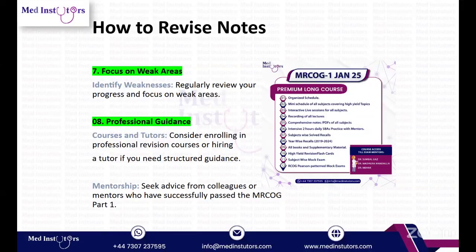So please make sure which direction you are following. Mentorship: seek advice from colleagues or mentors who have successfully passed the MRCG Part 1 exam. For instance, if any of your colleagues in your hospital already passed the MRCG 1 exam, try to discuss some things with them, or take some tips from them, like how they studied for the exam and how they passed it. So this is very useful.